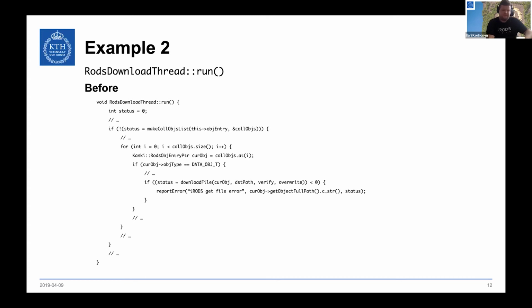So in this old version, you can see this is the worker thread function that gets launched, and it starts with basically building a list of all the objects that need to be fetched, either data objects or collections. And when it hits a data object, it invokes the download routine, which does the actual streaming. Back then, it used my own version of the streaming library, which interfaced with the iRODS streaming API.